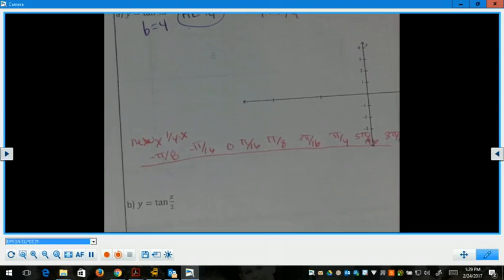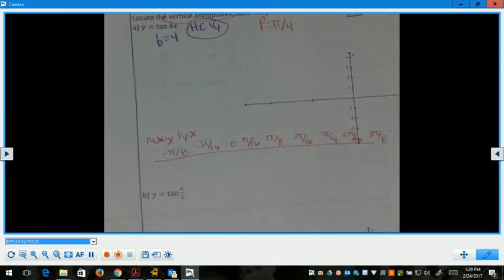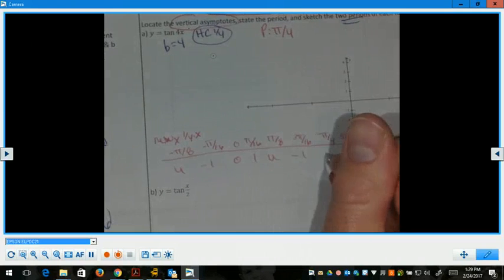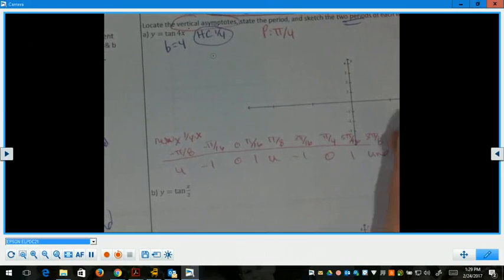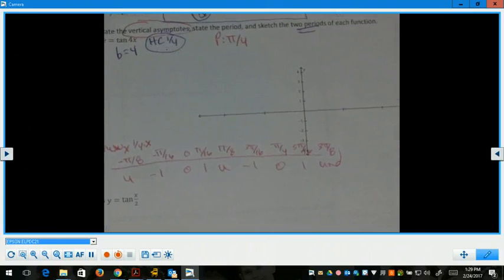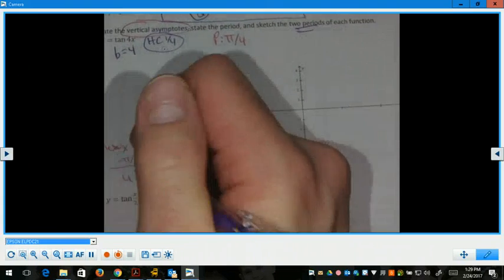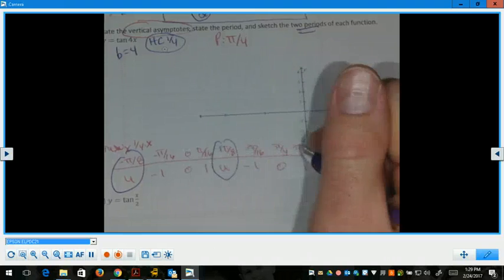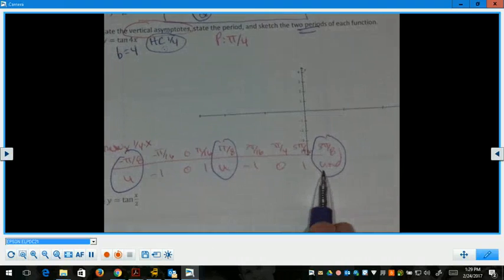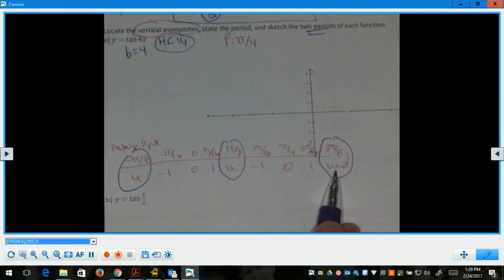So when I go to graph this, I just have to know what my max number is and my minimum number for the x's. And the y values didn't change, so it'll still be undefined, negative 1, 0, 1, undefined, negative 1, 0, 1, undefined for my 2 periods. The very first thing that I do is graph the asymptotes, but I also want to know what's my max so I can scale the x-axis.